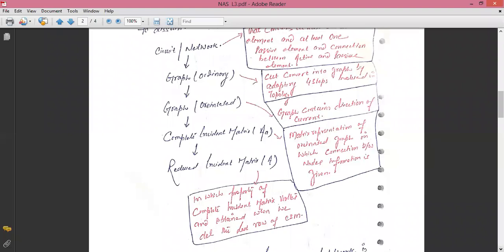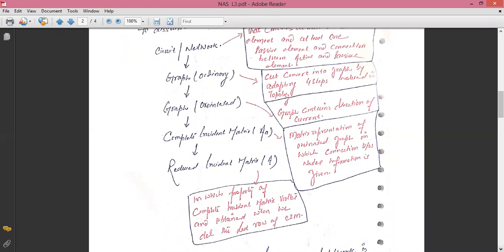The property of the CIM says that when you add all the columns, the resultant is equal to 0. So up till this stage, what you had discussed in your previous lectures, this is the complete flow chart of the network topology, that a circuit is finally converted into a reduced incident matrix.